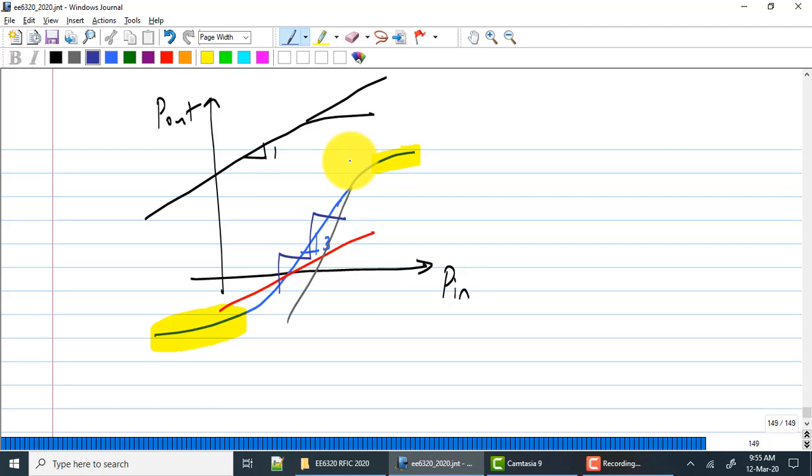There is no use. I also don't want to see your curves. I want to concentrate on the point from 1 dB compression point down all the way till sensitivity. You understand? That's what I want to see. Okay, sounds good. And if there are any questions, please post it on the discussion forum. Hopefully we'll be able to see it and answer.